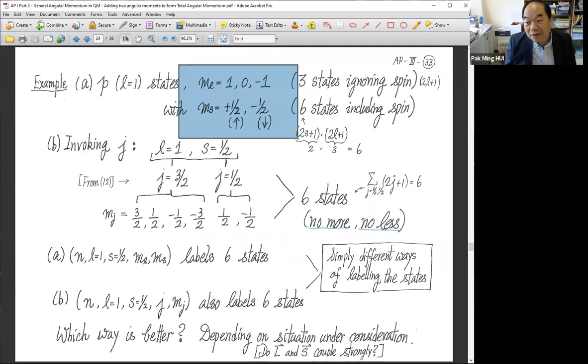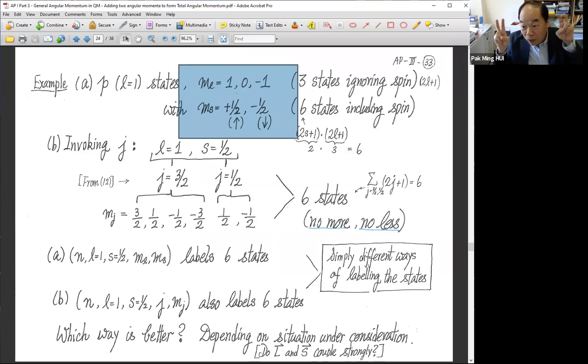Y11, column 10, that is spin up and so on. And what we are doing is putting 6 states into a black box, linear combination, and there will be 6 states coming out. No more or no less, of course.